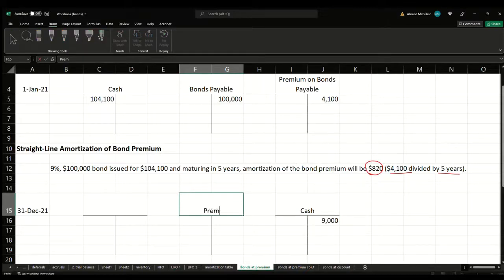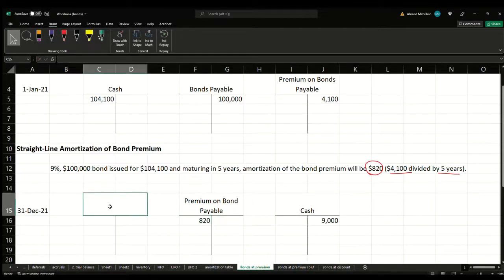Premium on bond payable is already calculated as 820. We're going to amortize that amount, and our interest expense is going to be the difference between 9,000 and 820, and that gives us 8,180. So if you sum these two together, that gives us 9,000.